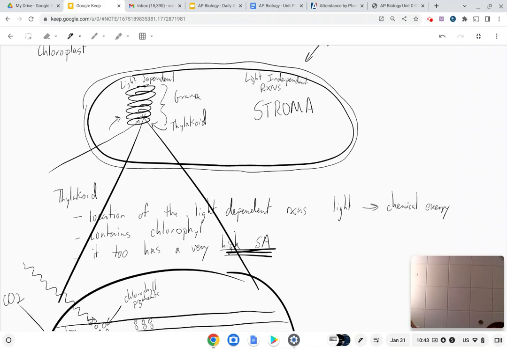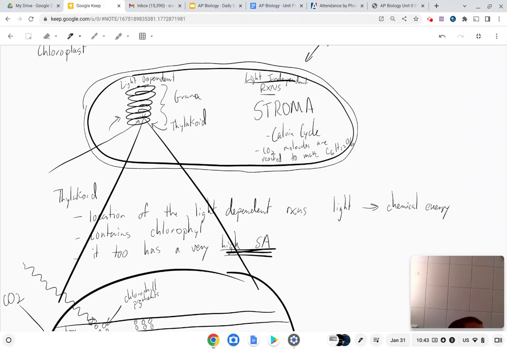Specifically, the Calvin cycle. And this is where the carbon fixation takes place, right? CO2 molecules are reacted to make C6H12O6.